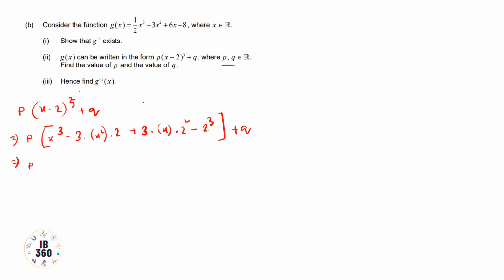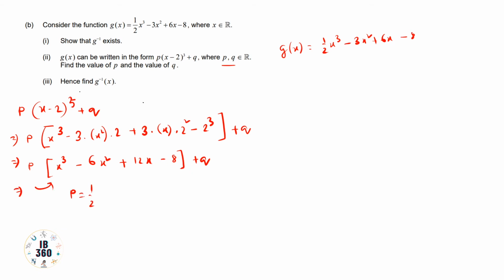So p times (x cube minus 6x square plus 12x minus 8) plus q. Now see the original equation, that is g(x) equals half of x cube minus 3x square plus 6x minus 8. From here obviously we can write p equals half.